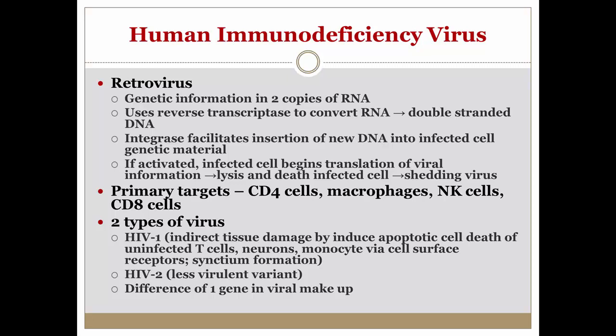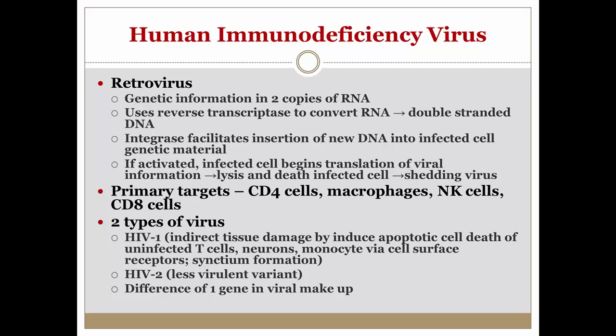The other thing that the HIV-1 virus has the ability to do is develop a syncytium. The syncytium is multinuclear cells that result from multiple cell fusions of uninuclear cells.